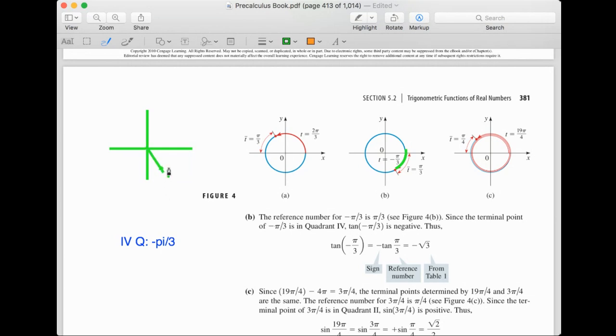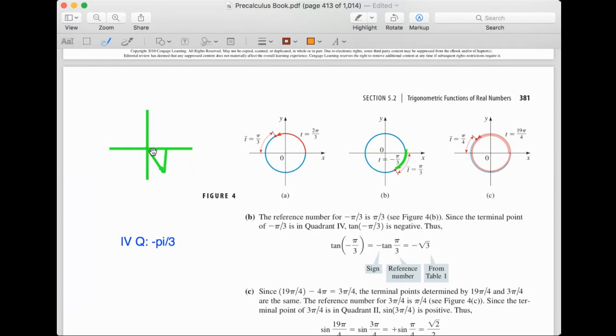Also, then we drop a perpendicular line to the x-axis from this point. Do you see a triangle in the first quadrant? Yeah. Okay, what is the reference angle?